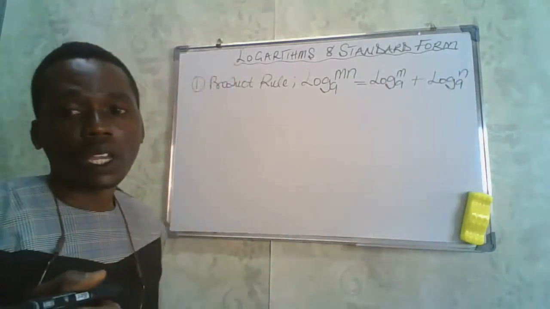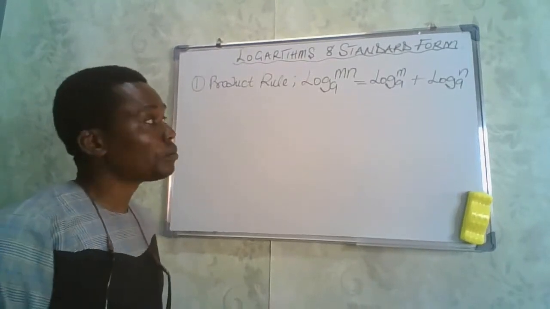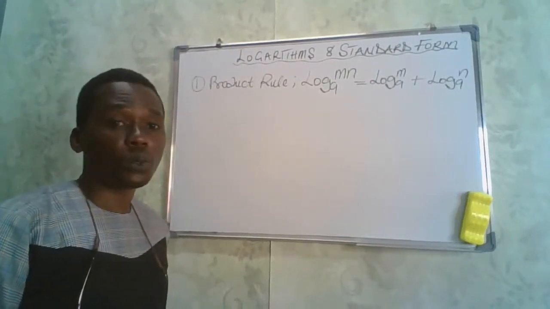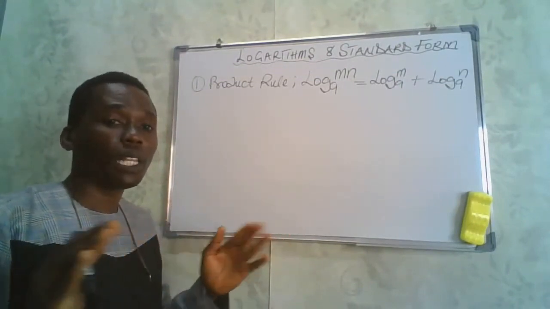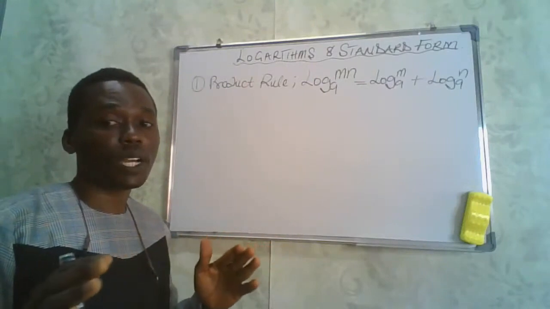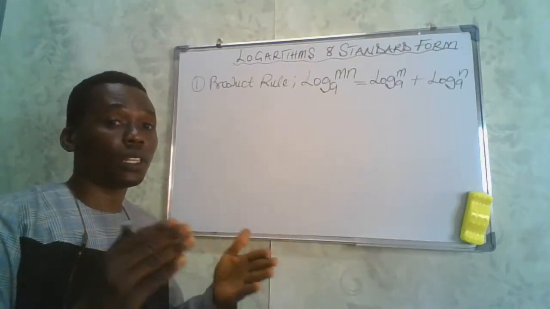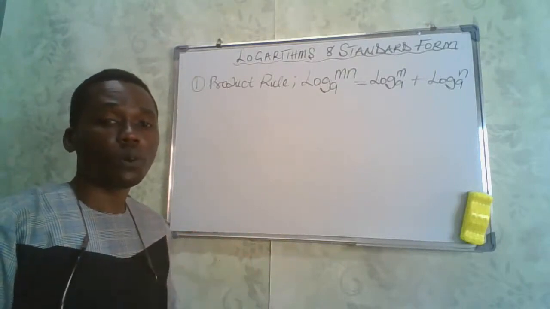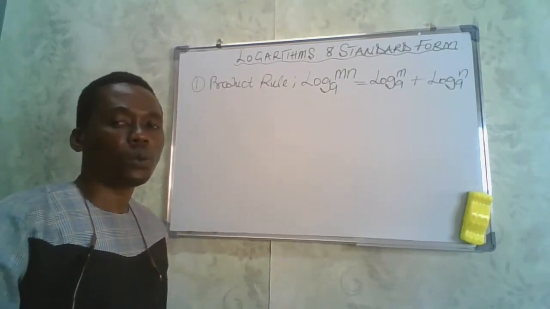So product yields addition when it comes to logarithm. One thing about logarithm is they have similar laws with indices. That's why I say we're going to look at how you can consider logarithm and questions under indices. Now, that is the product rule.